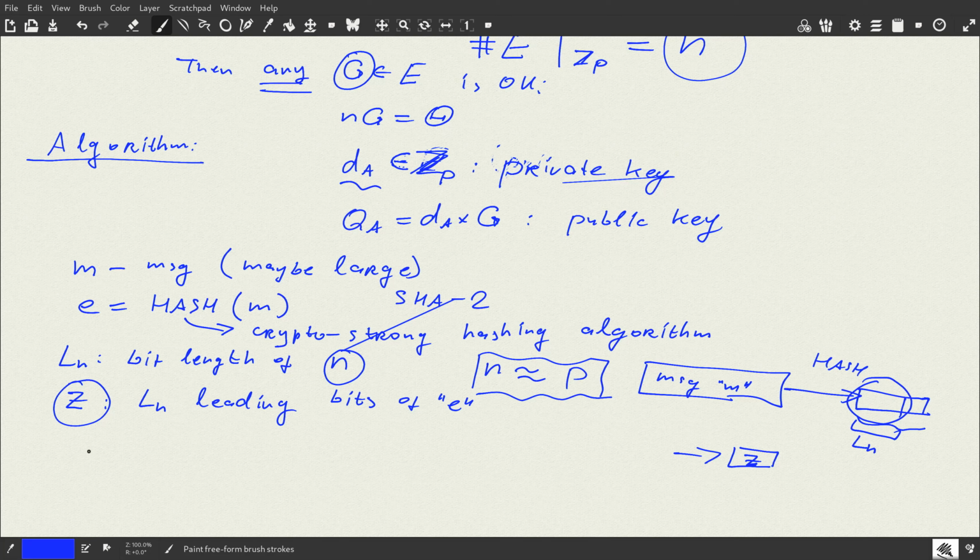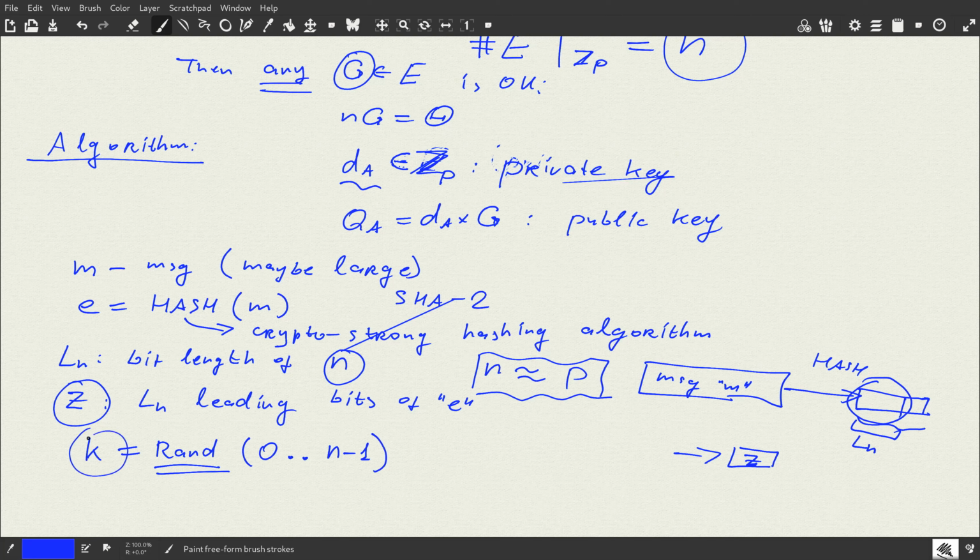How do we do it? Very important point. We do not apply our private key directly. That would be a grave error. What we do, we take k, which is a random number, and that's very important, a random number from 0 to n-1.